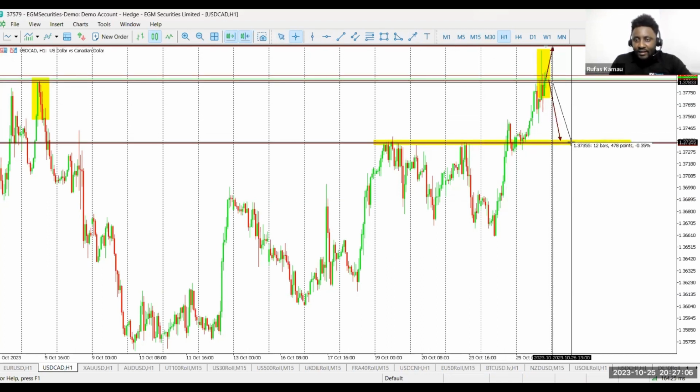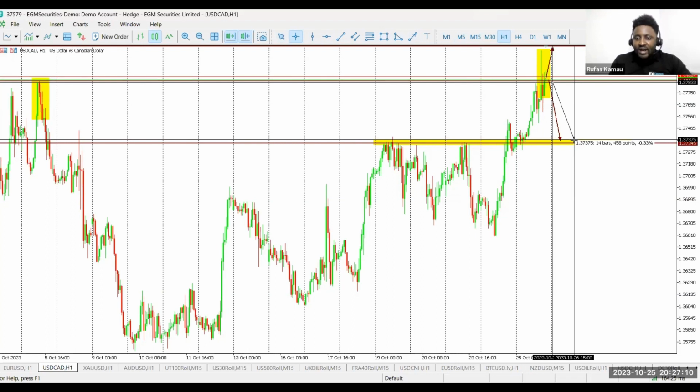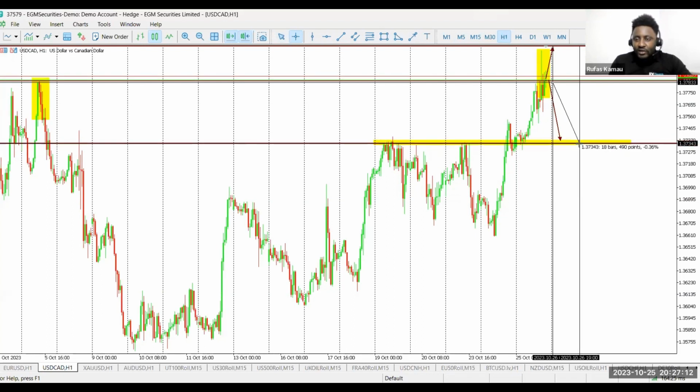On the other hand, we are here, this is 490 points. It's slightly less than 1:2. So 282 points versus 490. If you do your math, the double should be 560. So in this case, it basically means that the risk reward is less than 1:2.